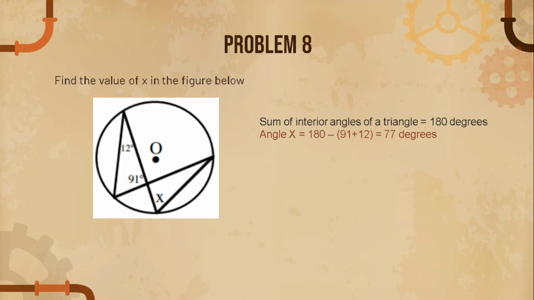So, 180 degrees minus the given 91 plus 12 is equal to 77 degrees. And so this 77 degrees of the other triangle will be equal to angle x, based on the theorem that was discussed earlier. Therefore, the value of x is equal to 77 degrees.